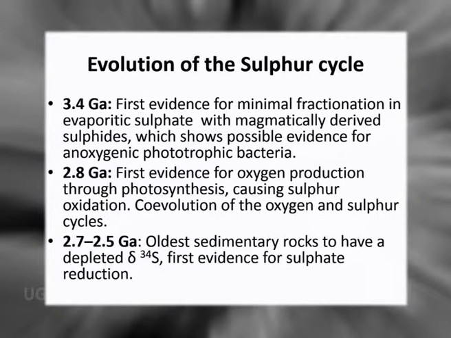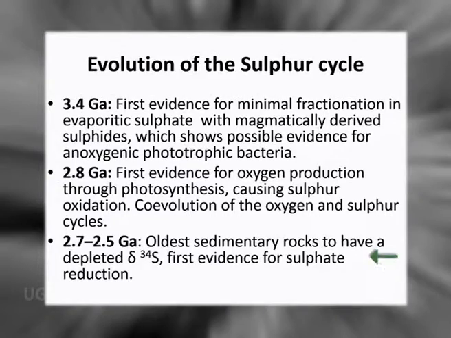And maybe around 2.8 billion years ago, there was the evidence of oxygen production which caused the sulfur oxidation, and you see both the cycles evolved hand in hand. Both oxygen and sulfur cycle evolved hand in hand. And it was around 2.5 billion years ago, the first sign of this radioactive sulfur was there.